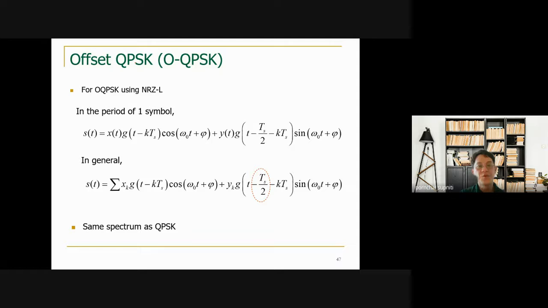For example, if the user is closer to the router or the mobile base station, then the M value will increase to accommodate the high data rate. When the users are away from the router or the base station, inevitably the data rate will slowly decrease. One technique is to adjust this M parameter.